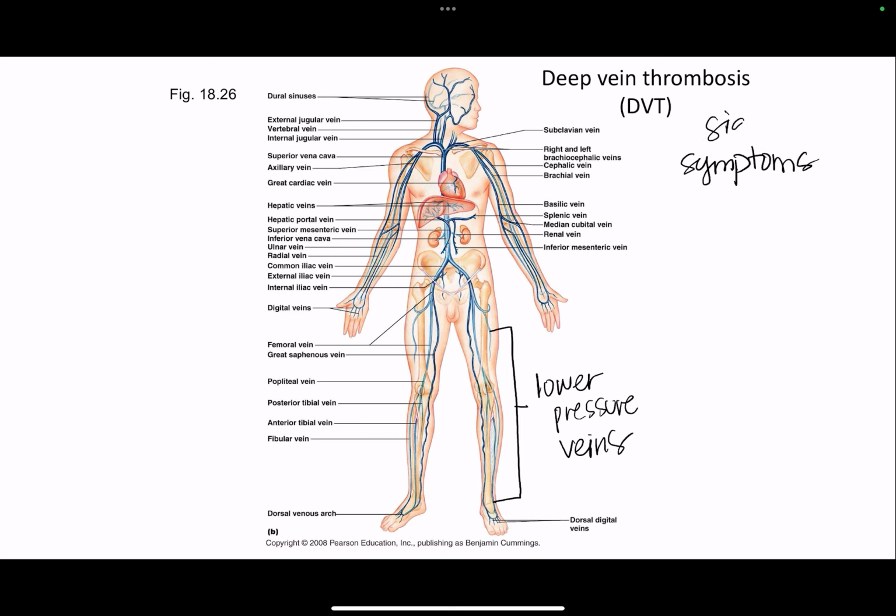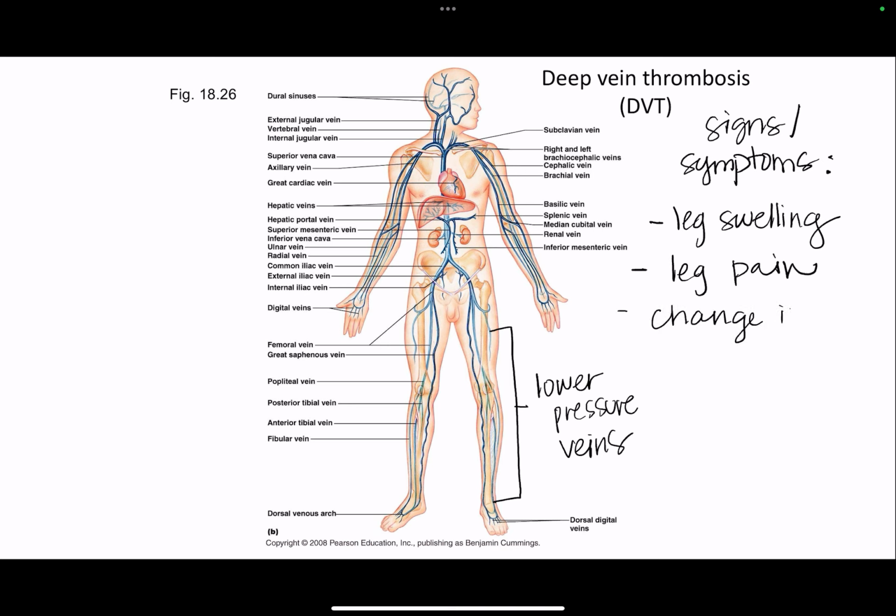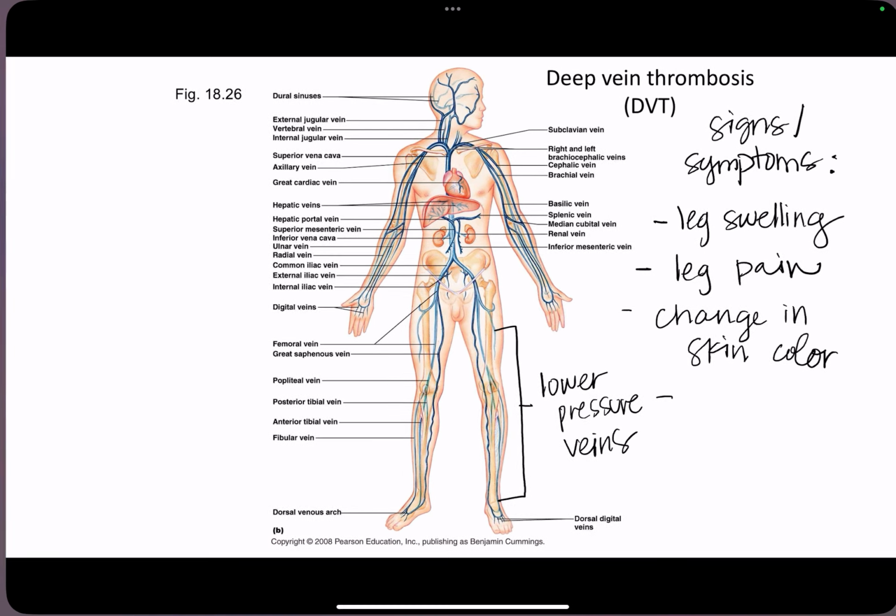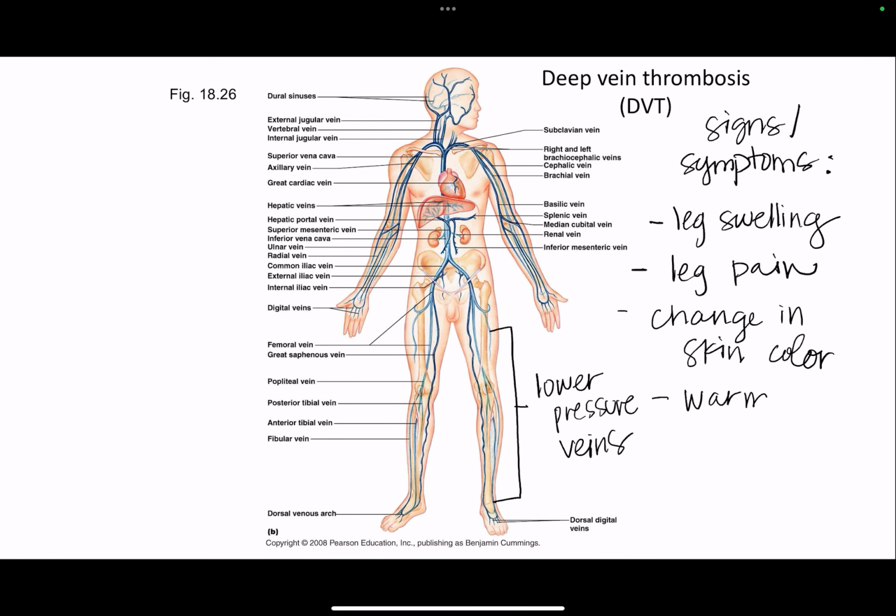The signs and symptoms you're going to see are leg swelling, that would be a sign. Leg pain would be more of a symptom. It can cause a change in your skin color at the legs, and the legs may be warm to the touch. This is going to be different from varicose veins. We're going to talk about varicose veins when we get to blood vessels.